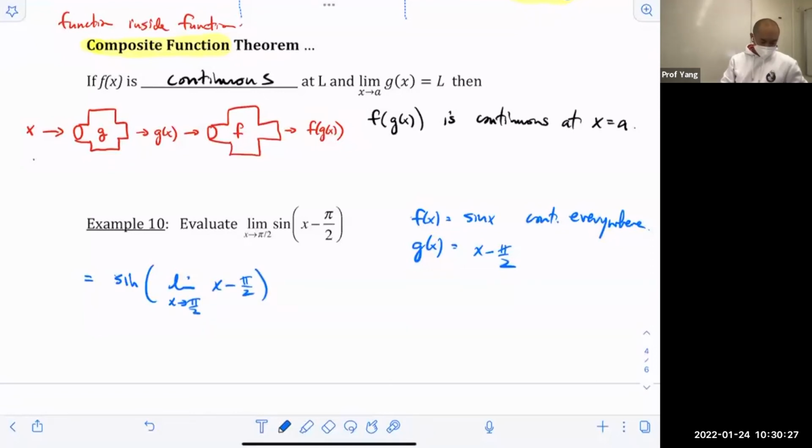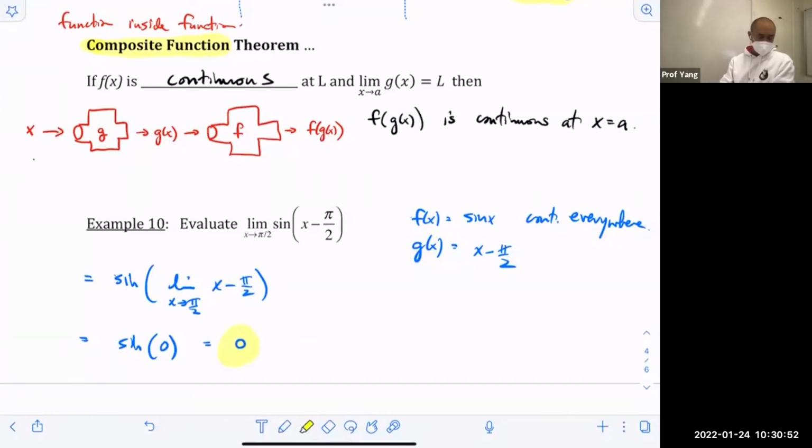And when I look at the limit of the inside, this is just a line. The slope is 1. The y-intercept is negative pi over 2. This is a continuous function. So I can plug in the pi over 2 in there. So that's going to give me sine of 0. And I know what sine of 0 is. Sine of 0 is just 0. So this limit is equal to 0.